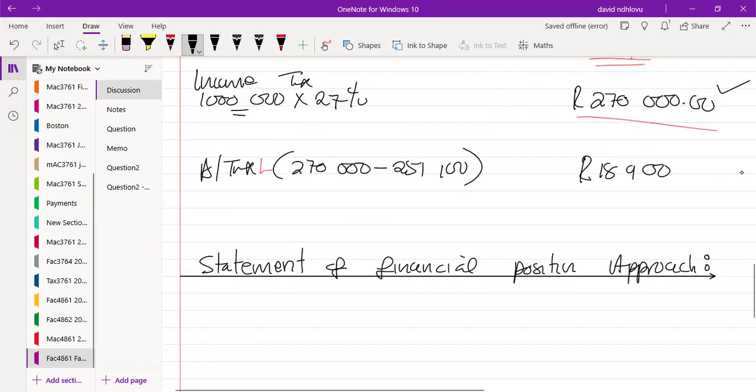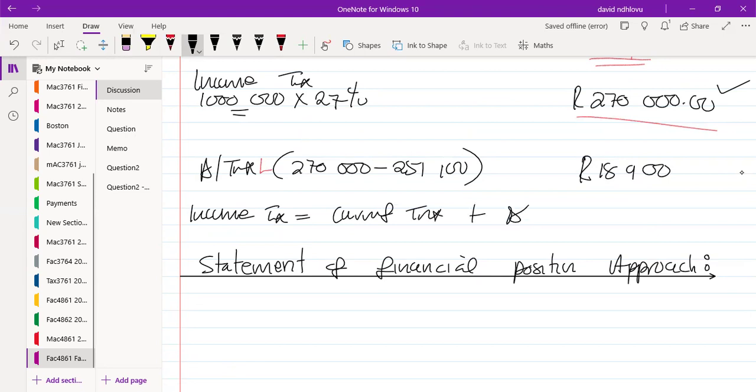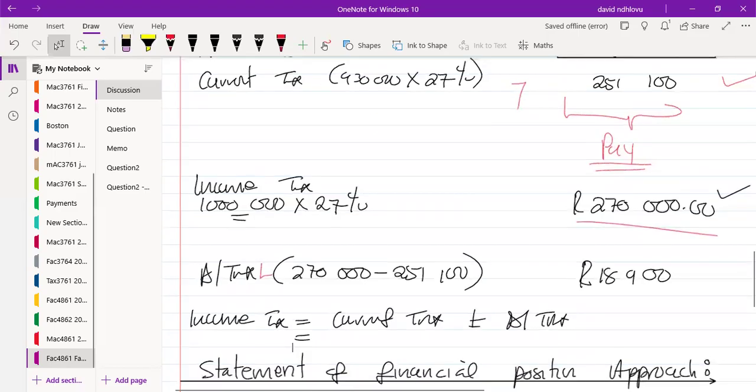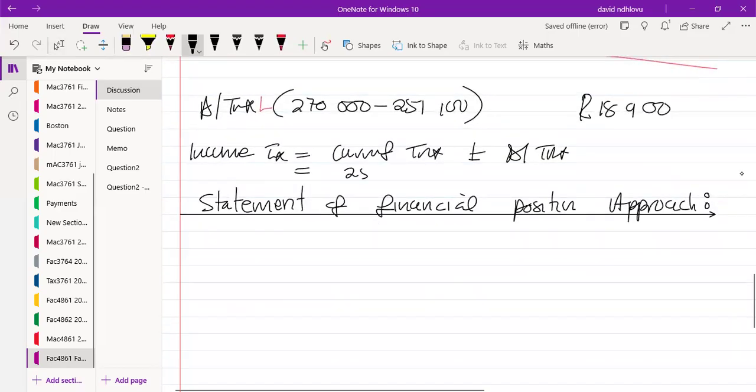Remember we said income tax is equal to current tax plus deferred tax, or plus or minus deferred tax. So if we go to the current tax figure, we have a figure of 251,100. Then if we go to deferred tax, we have 18,900.